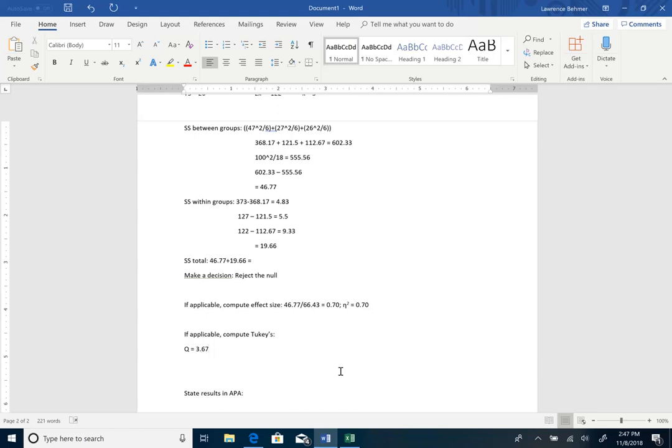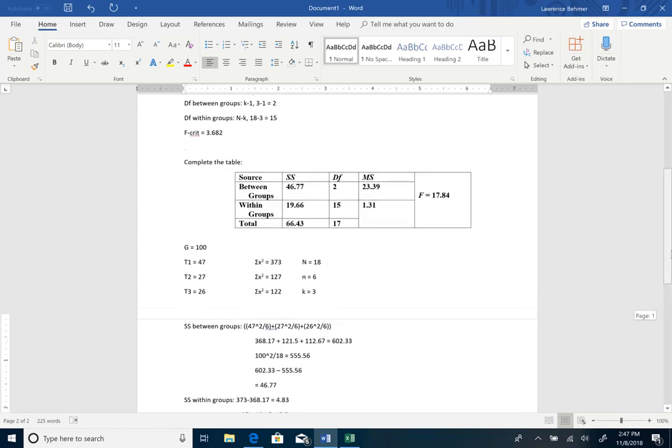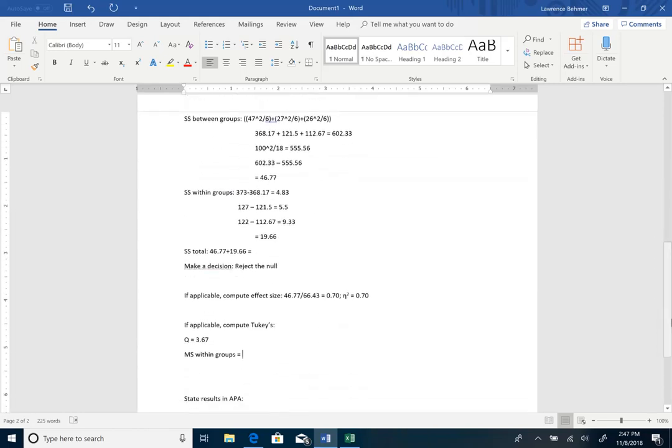I also need my mean square within groups in order to do this. I'll go back up to the table to get that. My mean square within groups is 1.31. And then I also need my little n, which was 6. The equation for this, a little complicated, is q times the square root of the mean square within groups divided by little n.